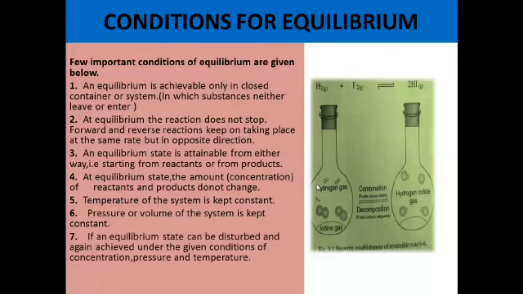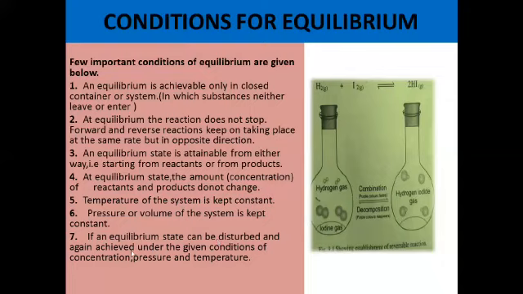Seventh condition is that an equilibrium state can be disturbed. How can we disturb an equilibrium state? We can disturb it by changing concentration, temperature, or pressure or volume of the system. And if we change the condition, what will happen?